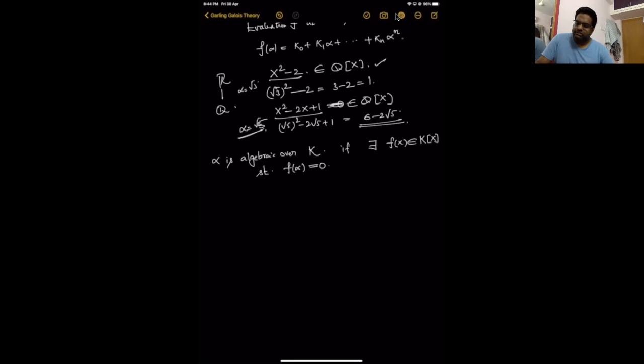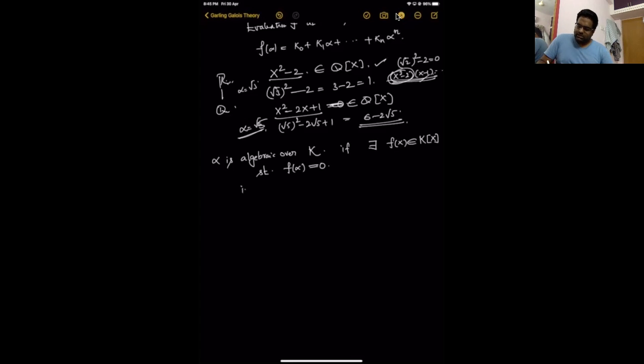So as you can see, square root of 2 is an algebraic element of R over Q because square root of 2 satisfies this polynomial. And not only this polynomial, it satisfies this polynomial also, because once you substitute, this becomes 0, it doesn't matter what this is. So this is also 0. So there are infinitely many polynomials which square root of 2 satisfies.